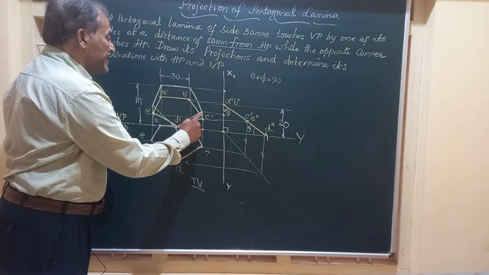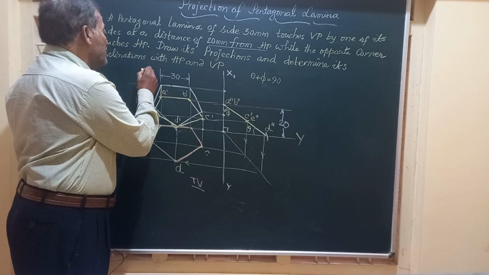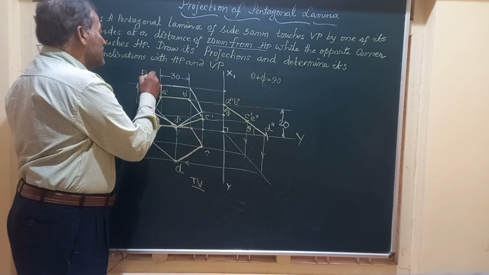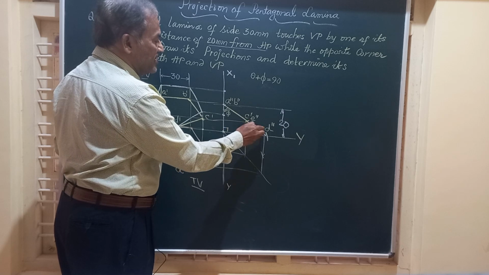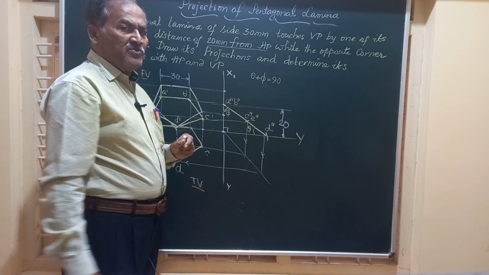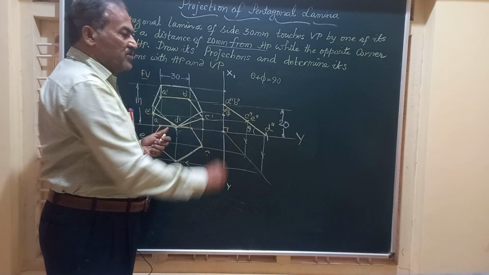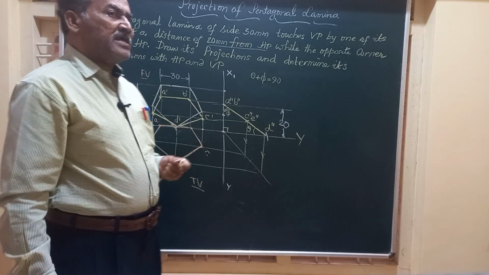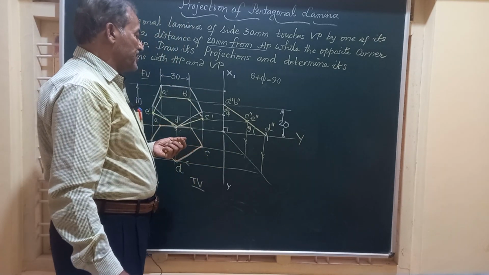This A dash, B dash, C dash, D dash, E dash will give you the final front view, and this A double dash, B double dash, C double dash, E double dash, and D double dash will give you the end view, that is the left end view of the lamina, and theta and phi will give you the angle made by the surface of the lamina with HP and VP.